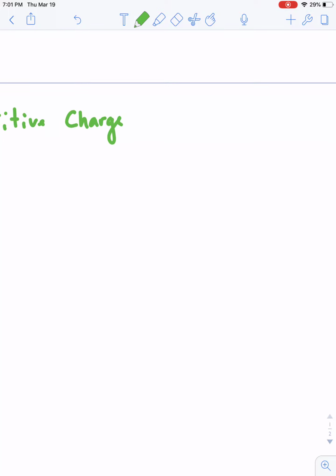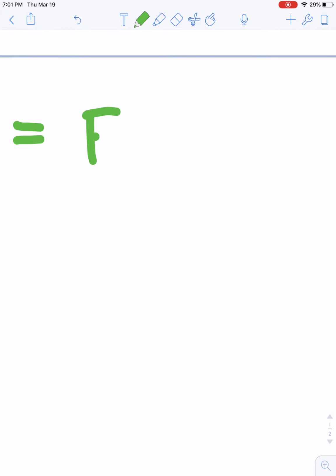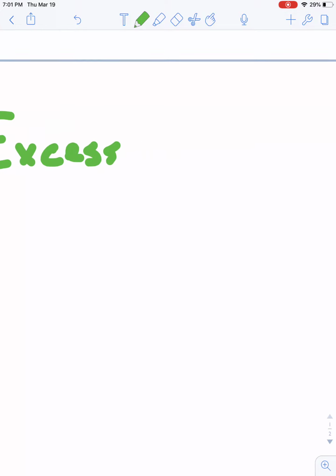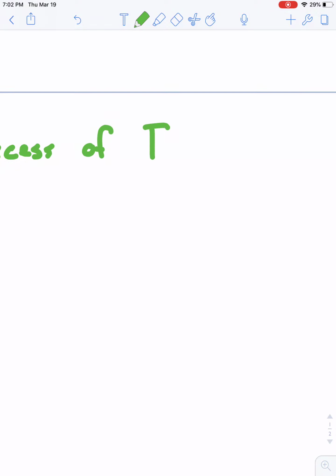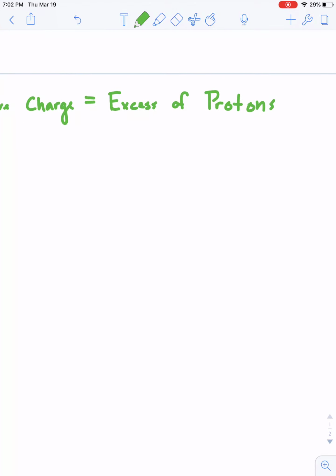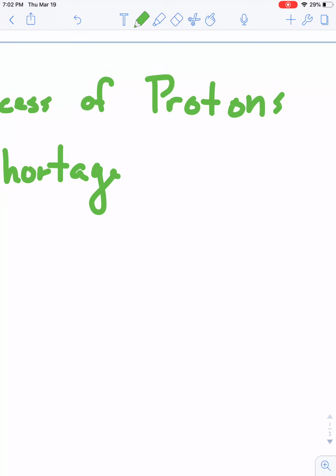So a positive charge is going to be an excess of protons. What also you could say is a shortage of electrons.